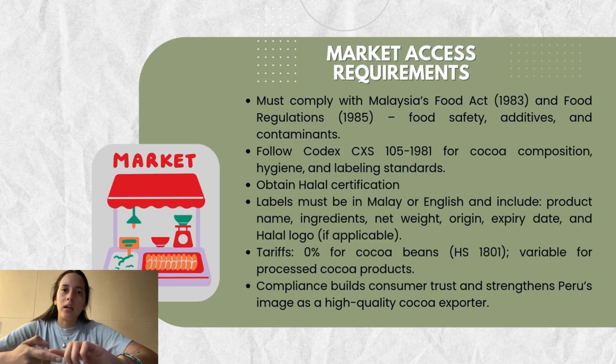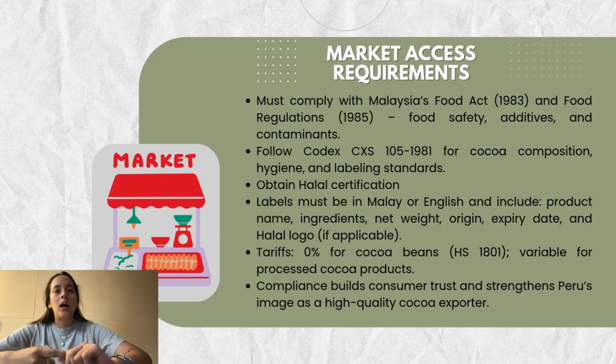Finally, import tariffs for cocoa beans HS 1801 are currently set at 0%, while processed cocoa products may face different rates depending on their classification. Meeting all these requirements not only allows market entry but also strengthens consumers' trust and helps position Peruvian cocoa as a high quality and reliable product in Malaysia.